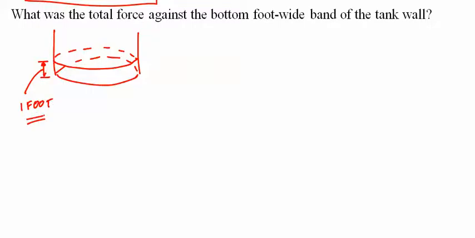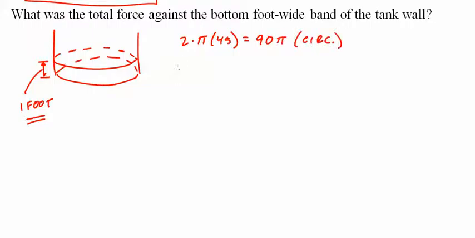So now we need some calculus, because as we go up, we reduce the pressure. So we need a pressure type of integral. We know that the pressure at the bottom is 9,000. So that's the pressure. But we need to multiply it by the area that we're looking at there. So the circumference of this thing is 2 times pi times 45 equals 90 pi.